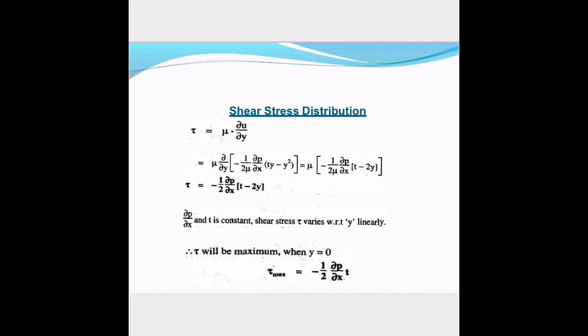So let's move to the next topic, the shear stress distribution. In yesterday's class we discussed the shear stress diagram. In the velocity diagram, as I have shown, I have also drawn the shear stress distribution diagram.